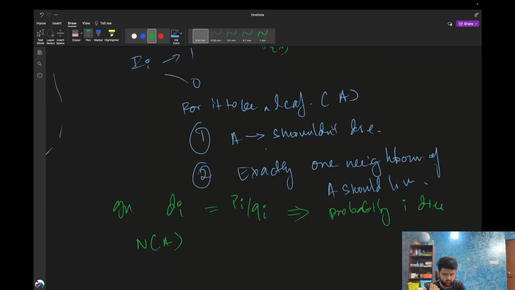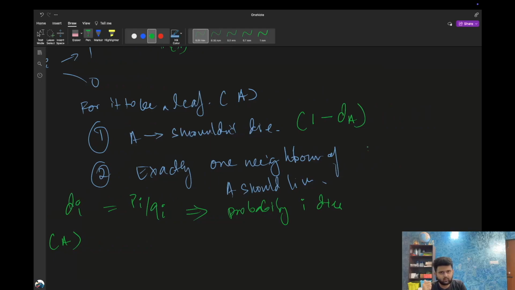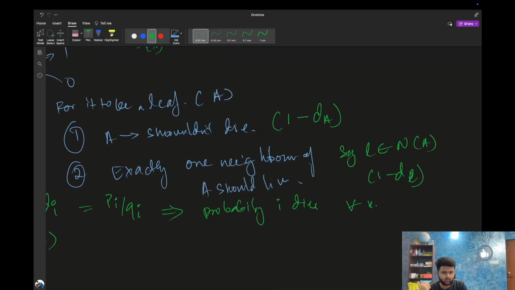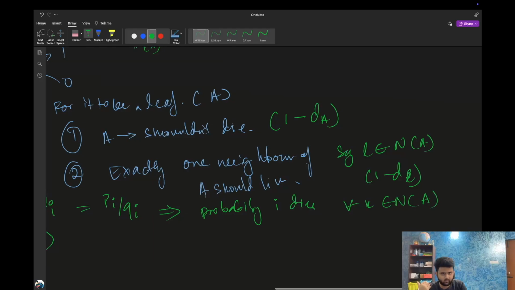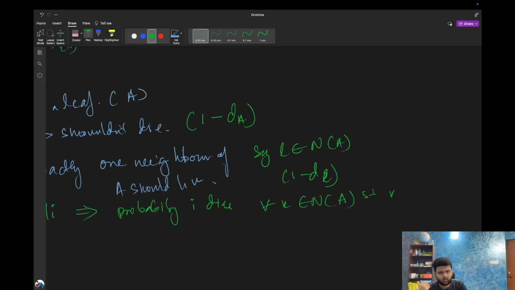To formalize what I've written here, one event is that A shouldn't die, so this has a probability of 1 minus d_A. Then some vertex L in the neighborhood of A lives, which has a probability of 1 minus d_L, and for all vertices K in the neighborhood of A such that K is not equal to L, we have it dying, which has a probability of d_K.